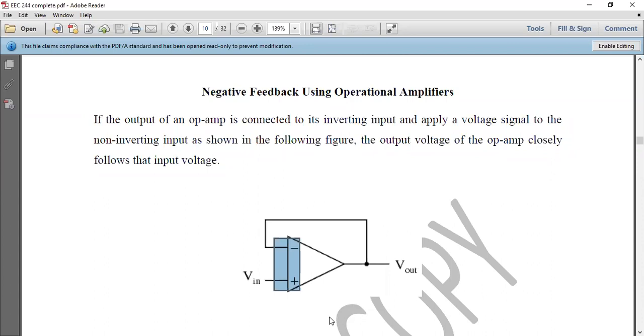And the positive terminal is the non-inverting input of the amplifier. And out here, we have the output. You can see V out here. That is where the output is collected from the amplifier. So the amplifier basically has two inputs, one output. Meanwhile, this is just the simplified diagram of the amplifier.